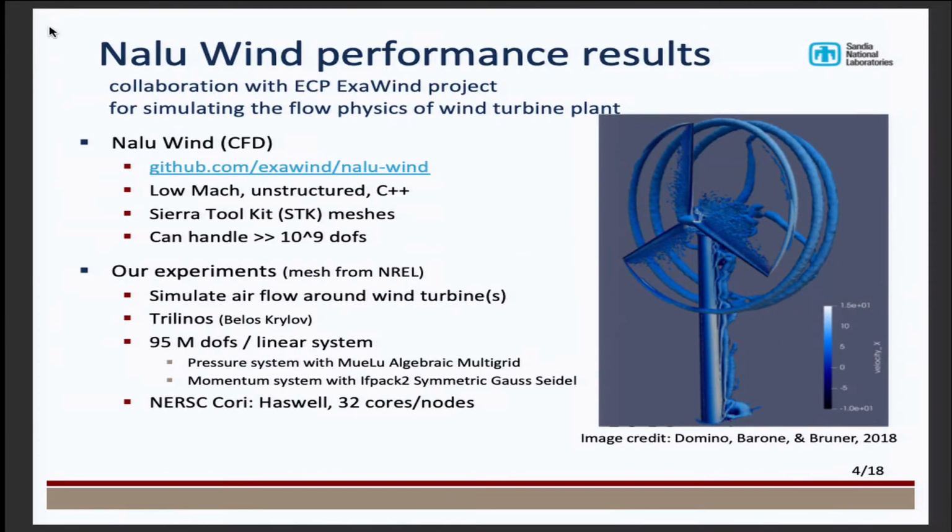To give you some ideas on the performance of these solvers, I want to show some results we got in collaboration with one of the ECP applications called ExaWind. They are trying to simulate the flow dynamics of wind turbine plants. This experiment is done on Intel Haswell nodes at the NERSC Cori computer.